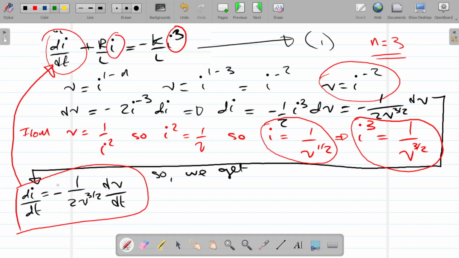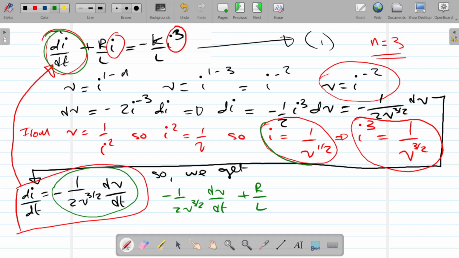Substituting di by dt equals all of this here into di by dt, we get minus 1 over 2v to the power 3 over 2 dv by dt plus R over L times I, but we know that I is this term, so we've got a v to the power a half term there, and that's equal to minus K over L times I cubed, but I cubed is 1 over v to the power 3 over 2.